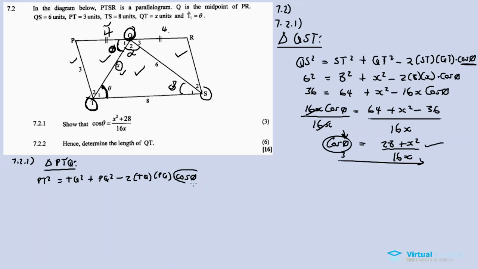I want this to be the subject of the formula again, so that I get another expression and then equate and solve for x.